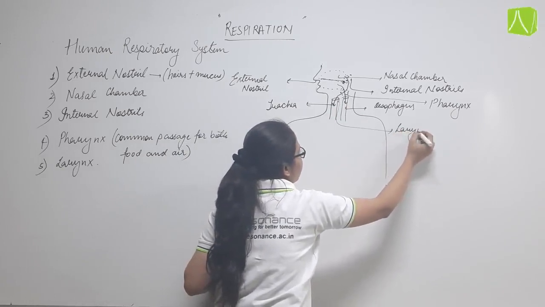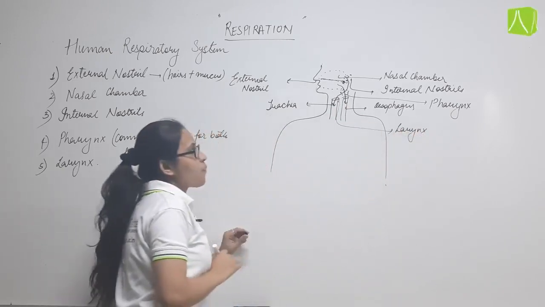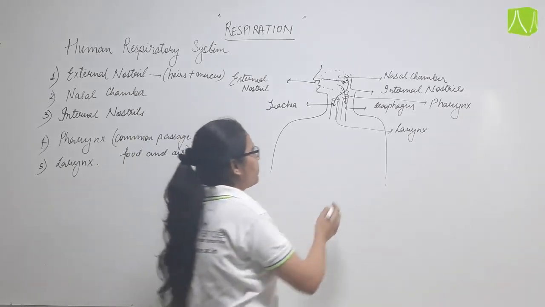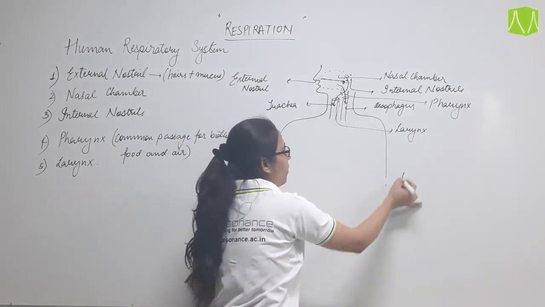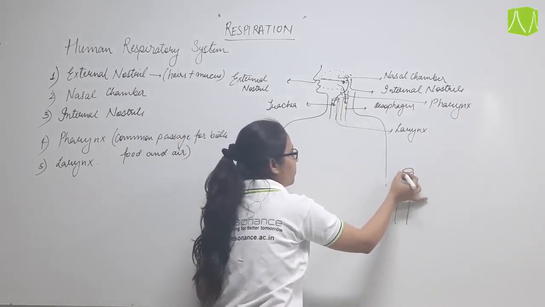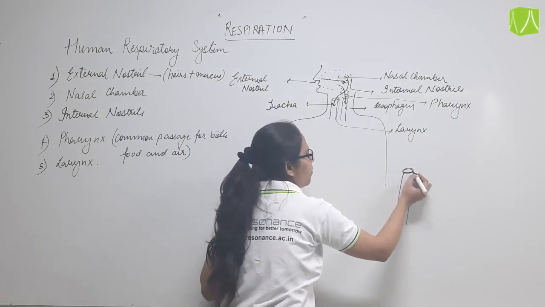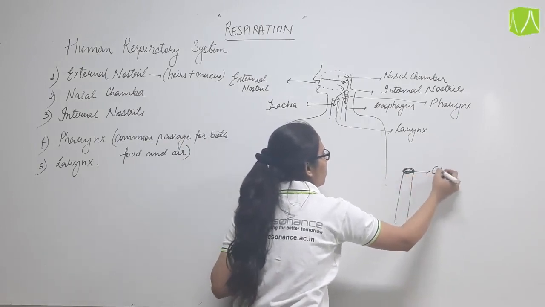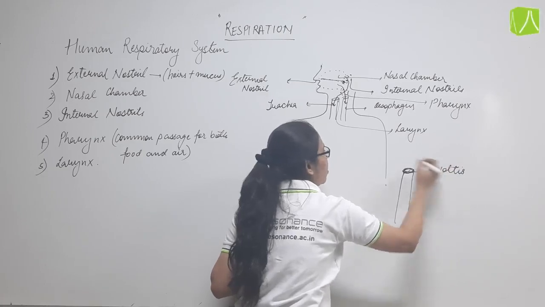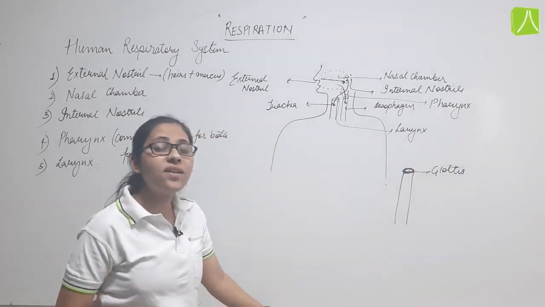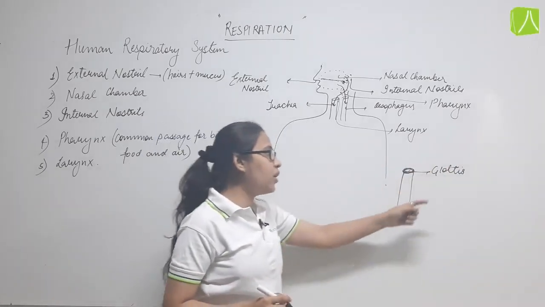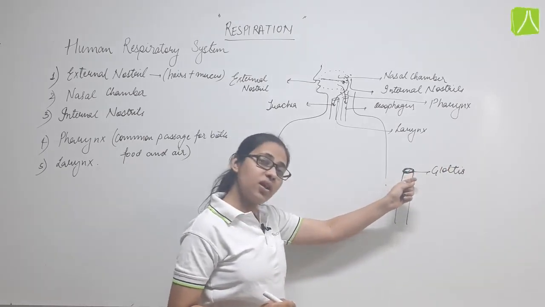This is the larynx. The opening of the windpipe is known as the glottis.